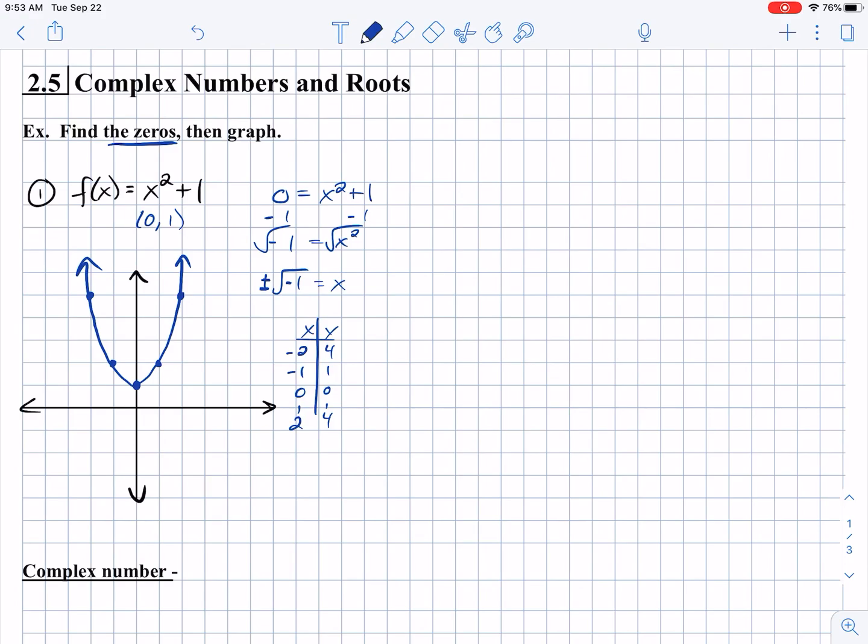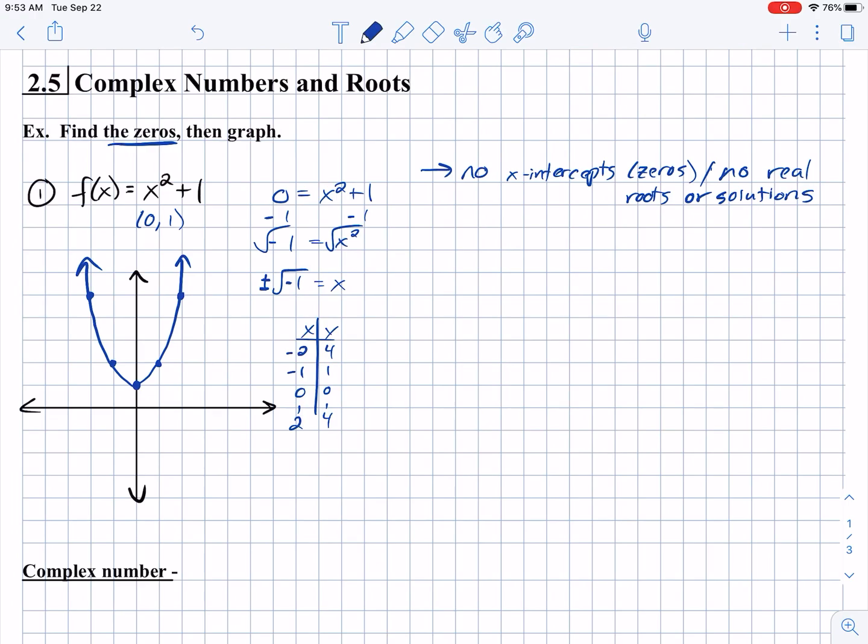And then hopefully you can see why there's no real zeros. It's because the graph is not crossing the x-axis, right? So there are no x-intercepts or zeros, which means there's no real roots or solutions to this function.